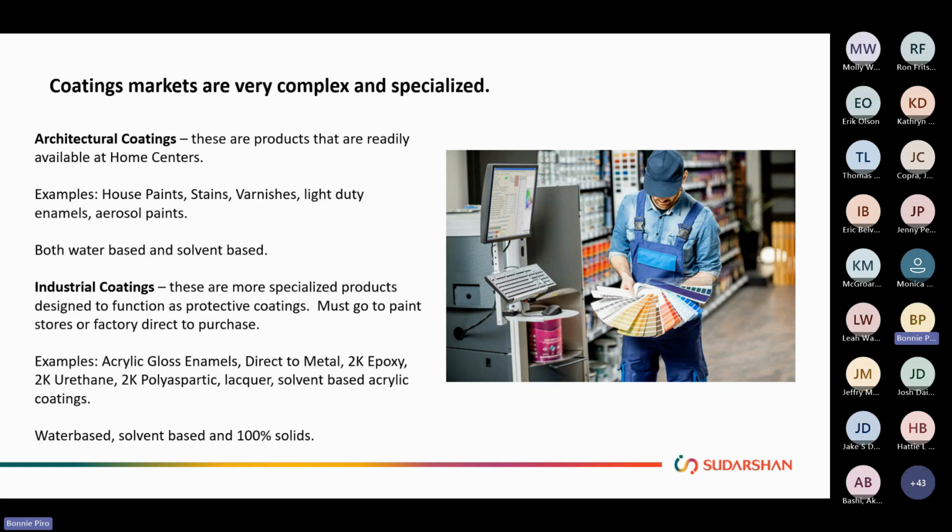A lot of different types of formulations go into these industrial coatings, from enamels to direct to metal, epoxies, urethanes, lacquers. All of these are suitable for using liquid colorants. As I mentioned, they can be water-based, solvent-based, 100% solids, especially for those UV areas.